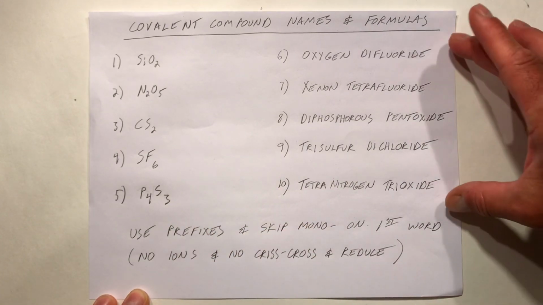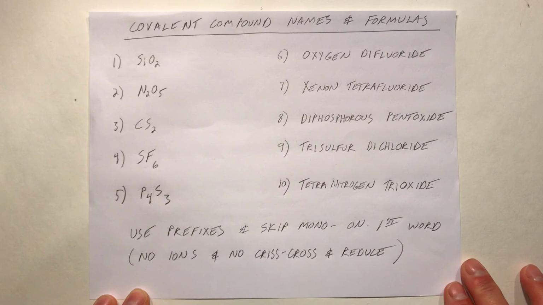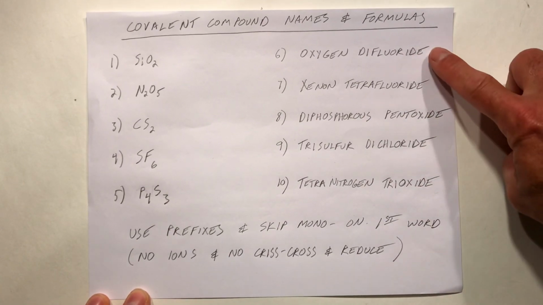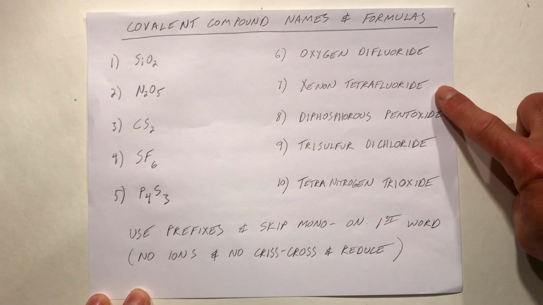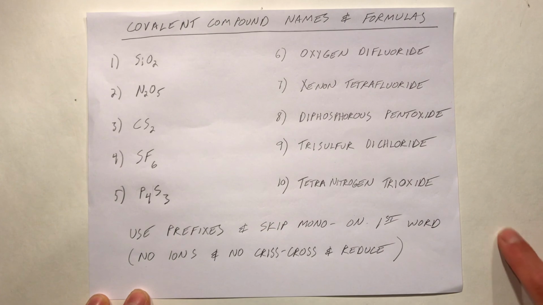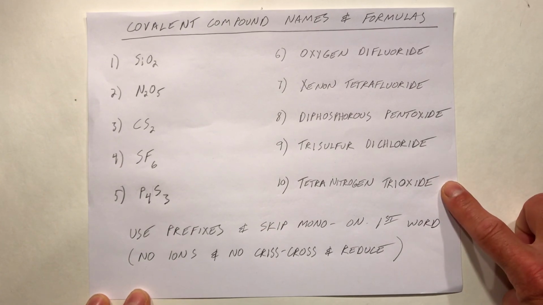And for the second 5, numbers 6 through 10, I'm going to give you the name. You give me the formula. So oxygen difluoride, xenon tetrafluoride, diphosphorus pentoxide, trisulfur dichloride, and tetranitrogen trioxide.